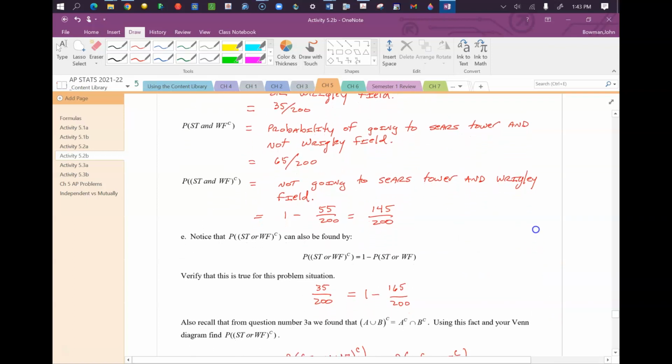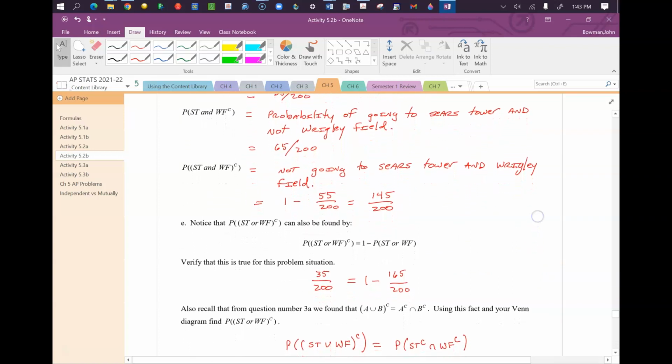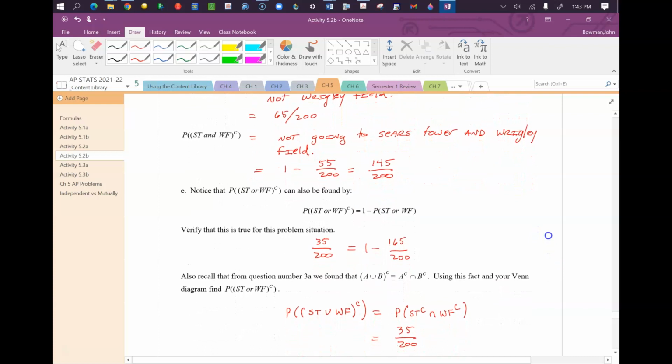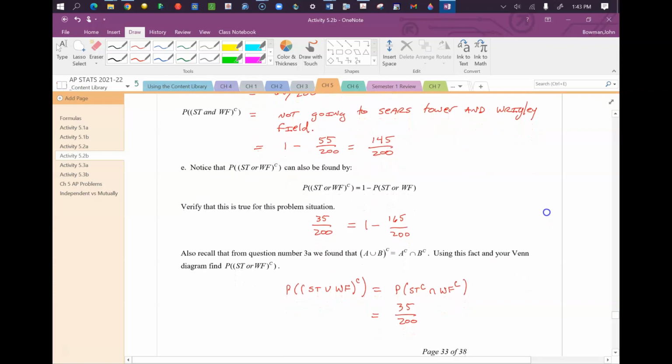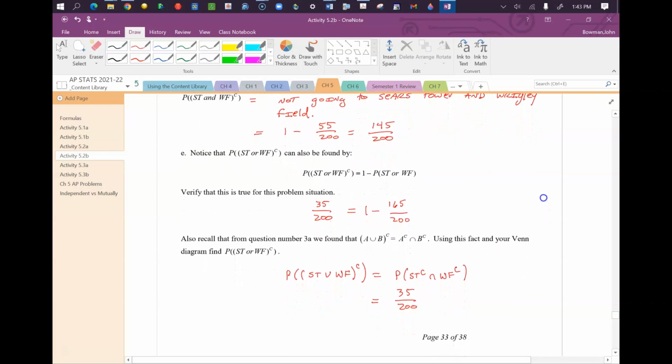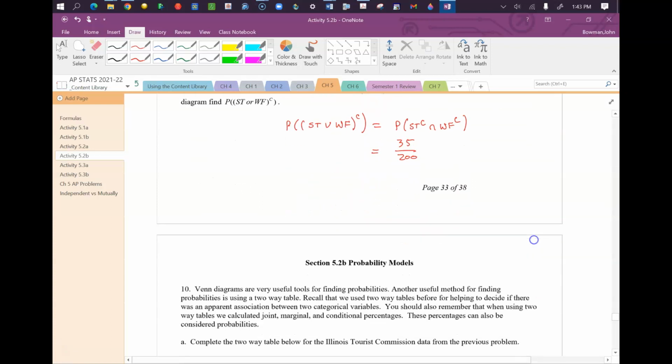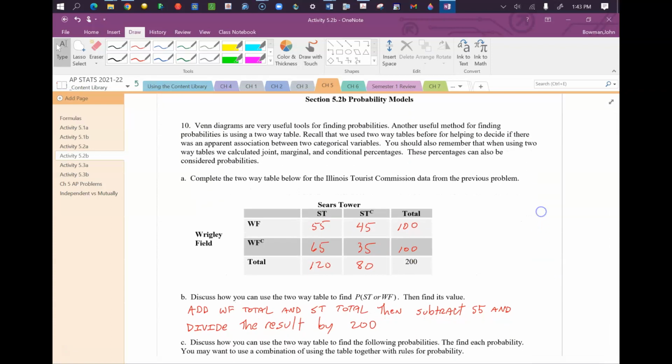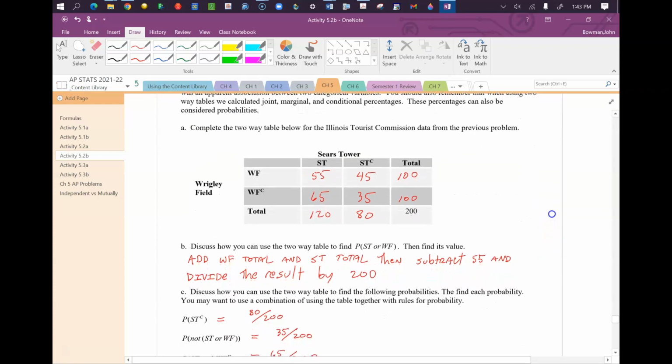Letter E uses the complement rule. If I want to find the probability of a complement, I could take 1 minus the probability of that event. And the second part of E uses that De Morgan's law, if you want to think of it that way. So the Venn diagram can be represented with a two-way table, basically.